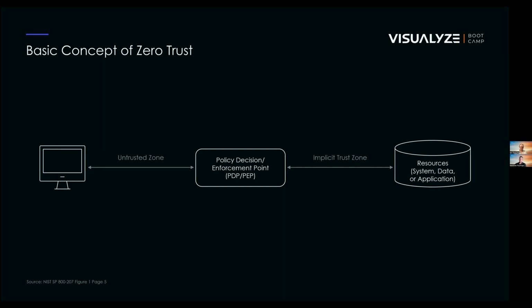Are you able to log into a specific environment and download lots of data? Well, the decision and enforcement point needs to look at that and say, wait a minute, is this user supposed to be doing this? And if not, it needs to take away that permission to your access and have it looked at.